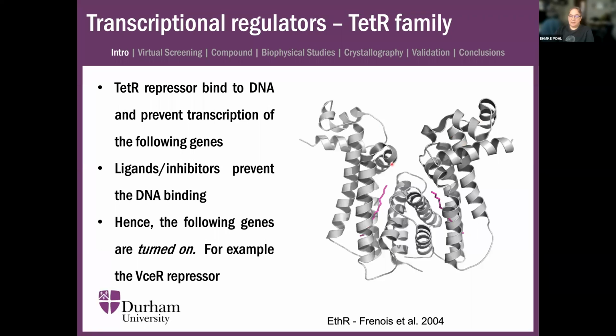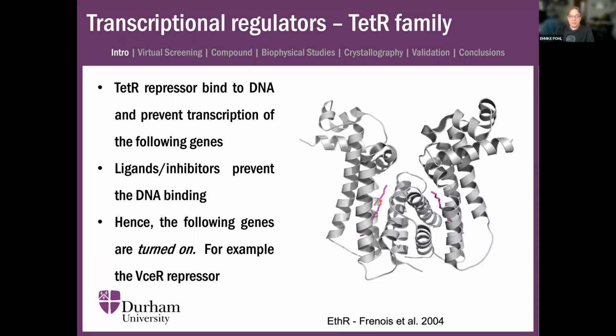So when they solved the first crystal structure, they were a bit lucky, because they solved the structure with an inhibitor bound in a conformation that is not compatible with DNA binding. So our starting point is, this is the conformation we want, and all we need to do is find new ligands that force the protein into the same inactive conformation.